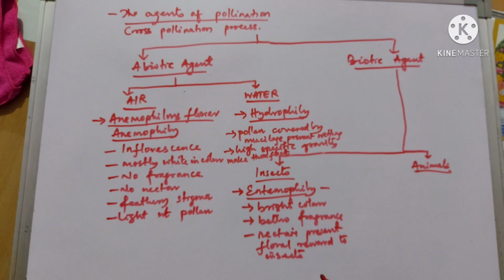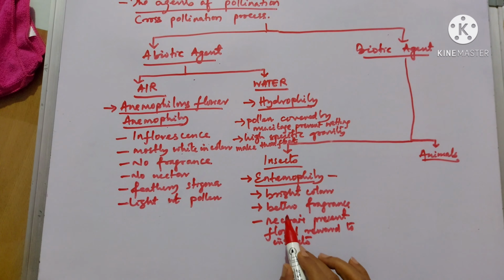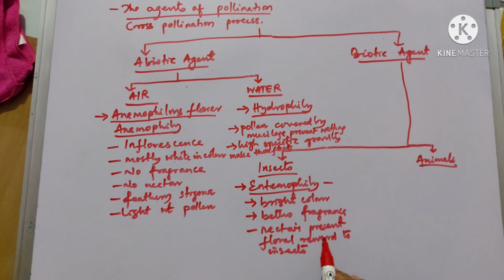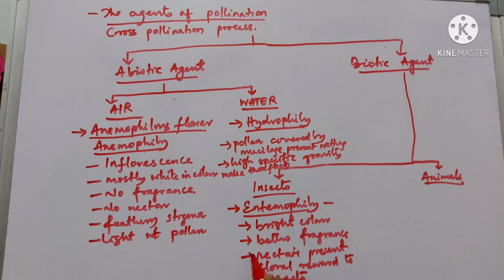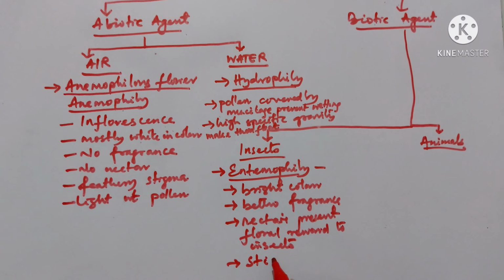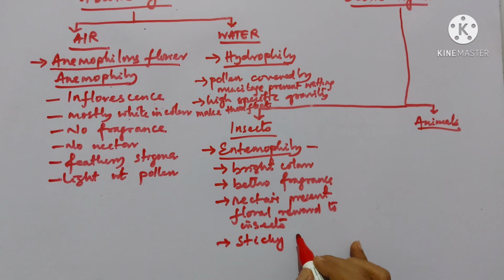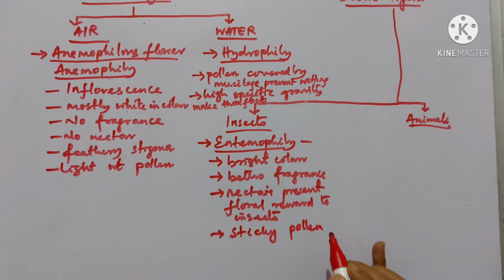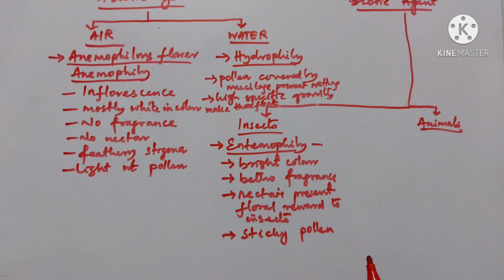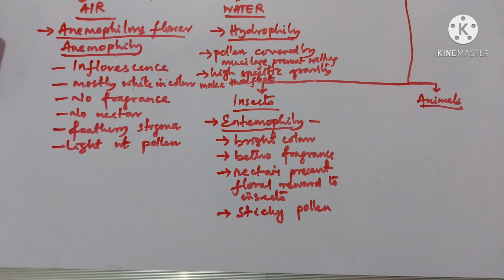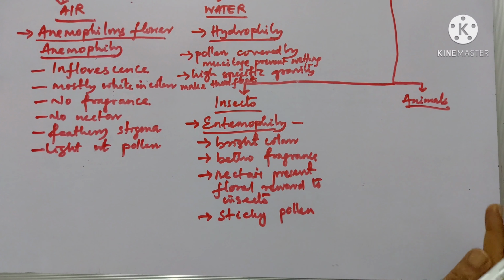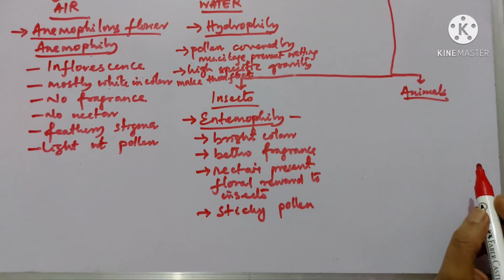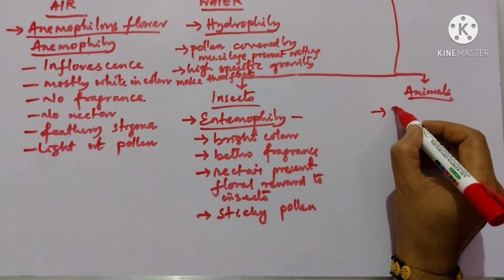And they have sticky pollen, so that it can stick to the body of the insect when it moves to the flower in search of nectar. Then animal pollinated flowers are called zoophily.